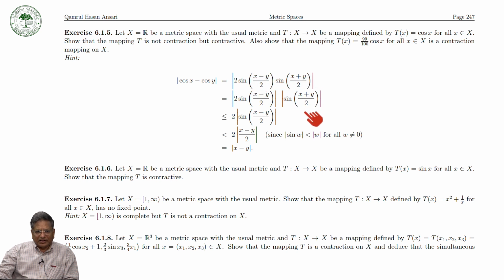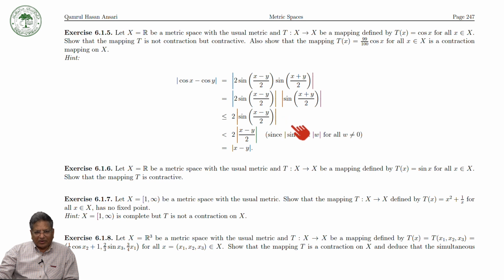But you see here, the mod of the sine value is always less than or equal to 1. So we are multiplying this term by a term which is less than or equal to 1. So the whole term is less than or equal to this term.